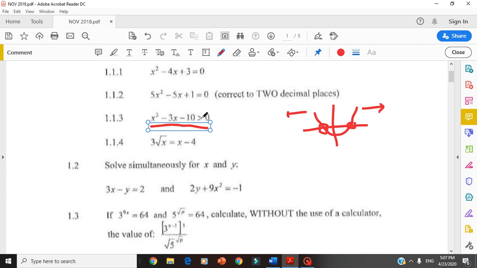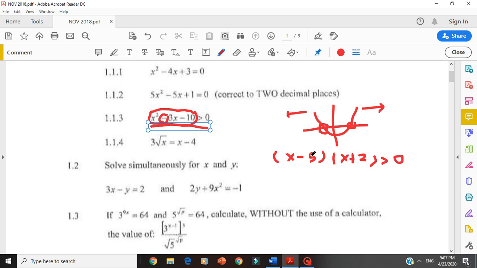So what you're going to do here is factorize this expression. You can use 5 and 2 as your factors, so you'll have x and 5 in one bracket, x and 2 in another, and the bigger number will take on the negative sign, so x minus 5, and the smaller number will take on a positive sign because minus 5 plus 2 will give you minus 3, and this is greater than 0.